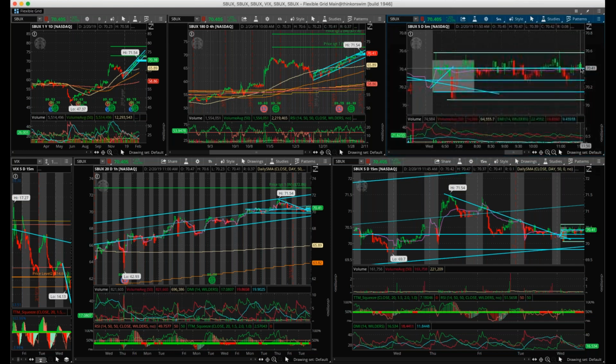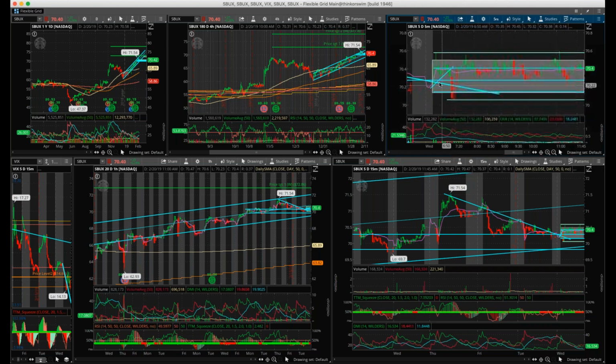Sideways all day. Let's extend that chop zone. All day chop. So we would have never entered here.